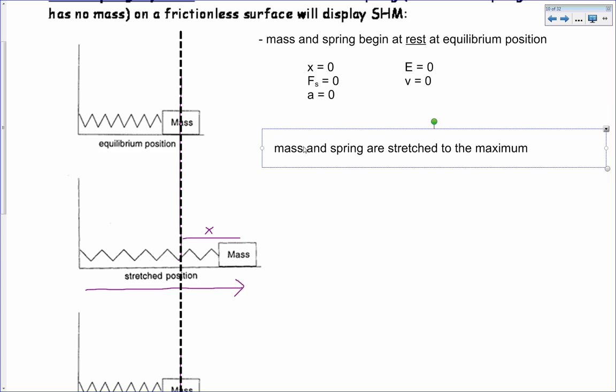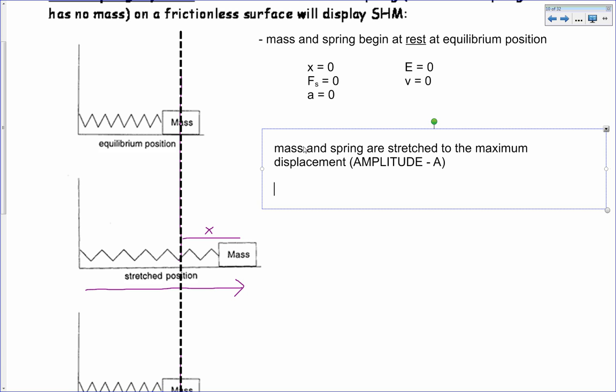And maximum displacement is called amplitude, usually signified with a capital A. So at that maximum displacement, x is a positive maximum, because it's to the right in this case. This is the maximum displacement to the right.